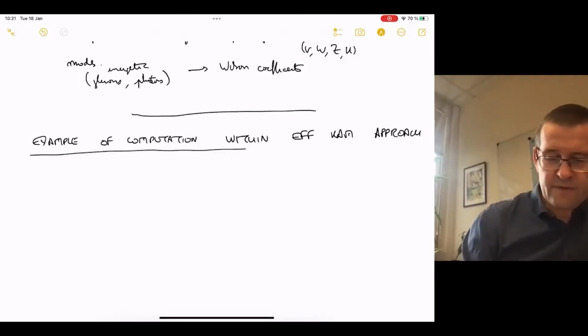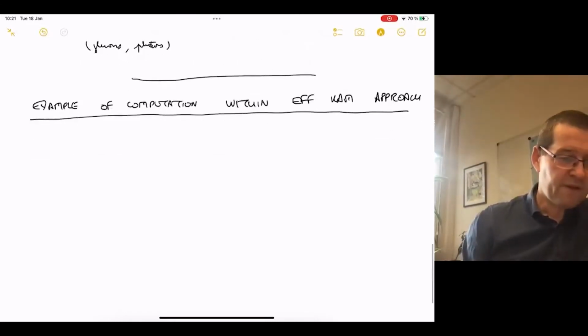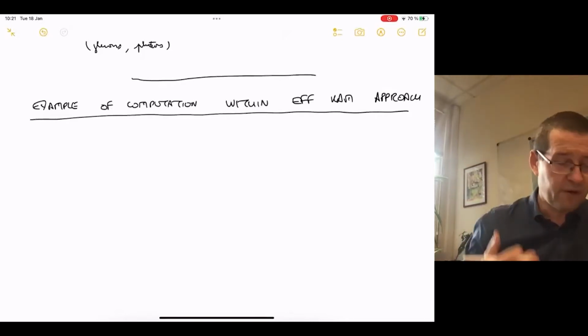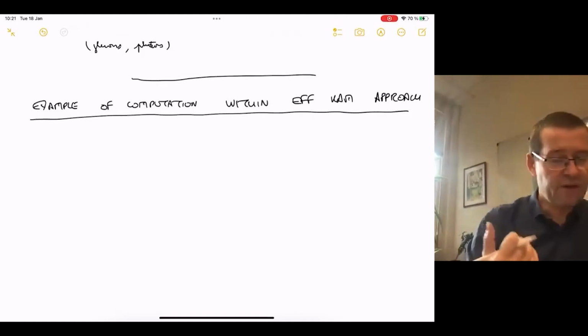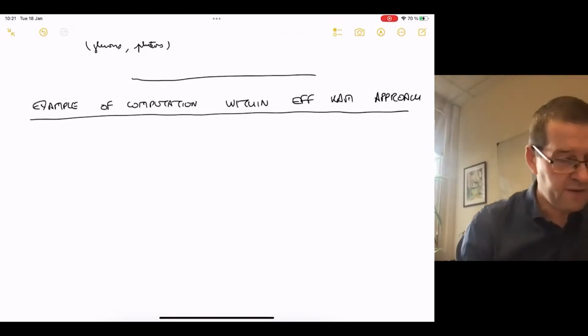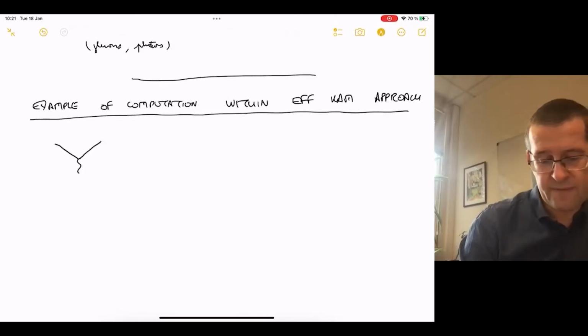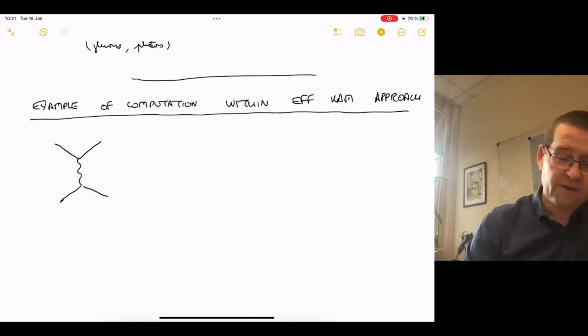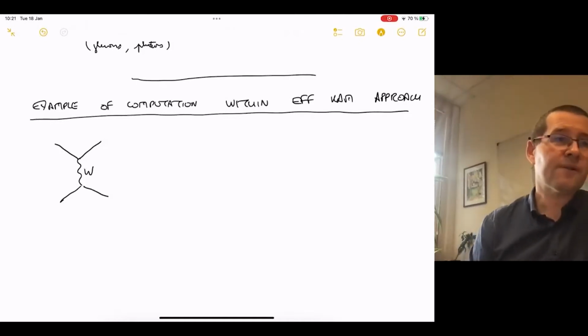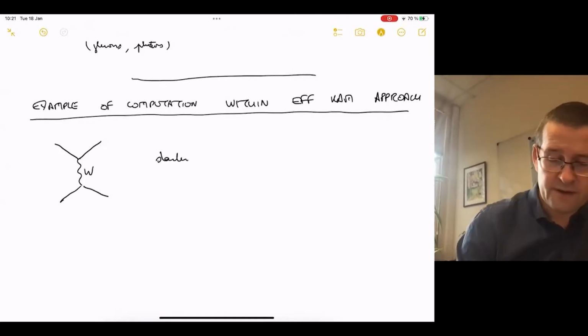And I think that's useful in order to get an idea of why people are so interested in using this technique, even though I've already advertised it. Okay, so we still keep with this 4-quark operator that I had before.